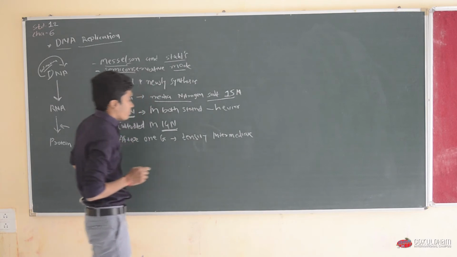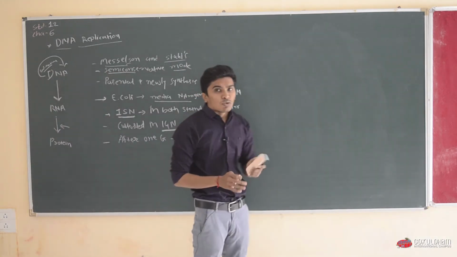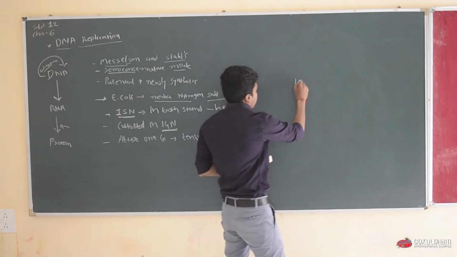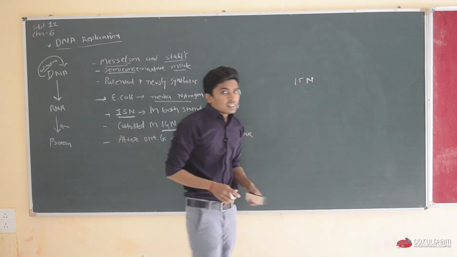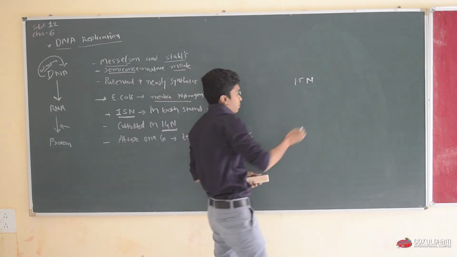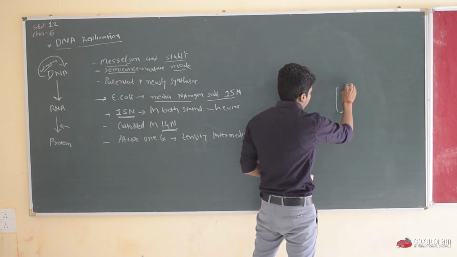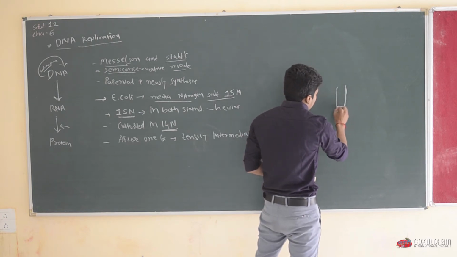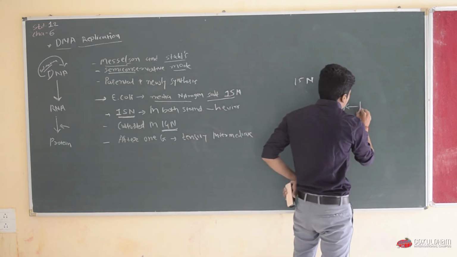So what will happen? They found that when they cultured E. coli in 15N and centrifuged them, the DNA had a higher density.